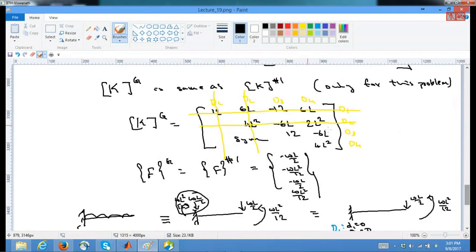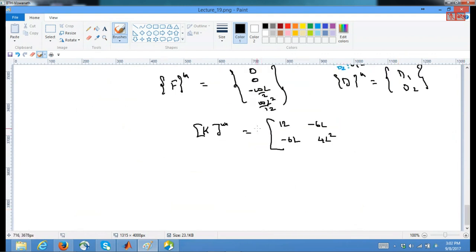These are the knowns, and the unknowns are D3, D4.